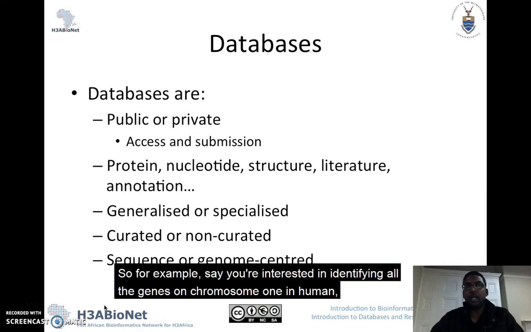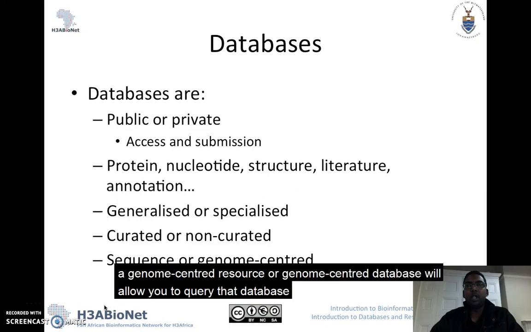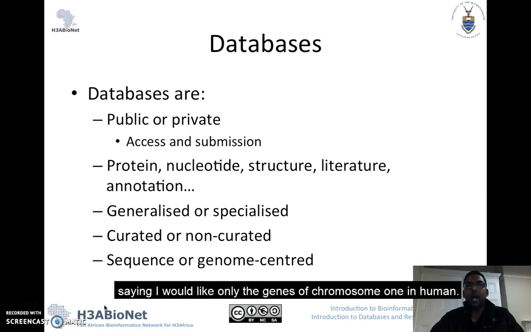So for example, say you're interested in identifying all the genes on chromosome 1 in human, a genome-centered resource or genome-centered database will allow you to query that database saying, I would like only the genes on chromosome 1 in human. And we'll have a bit more of a look at that in the lecture as well.